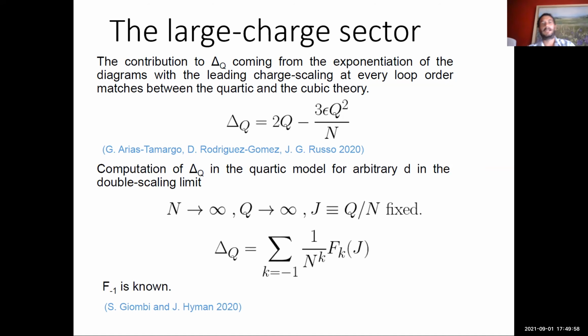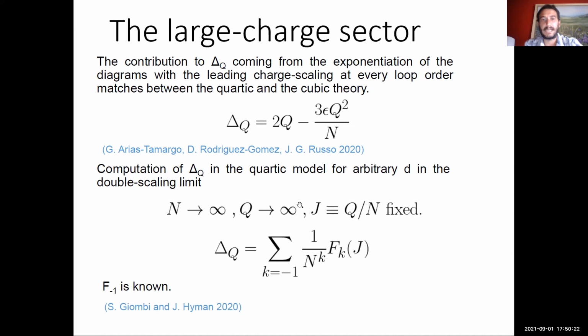At the same time, there has been another interesting result by Simone Giombi and Jonah Hyman, again in 2020, which computed delta Q in arbitrary dimensions, considering the double scaling limit where you take n going to infinity, the charge going to infinity, and you keep fixed their ratio, Q over n.